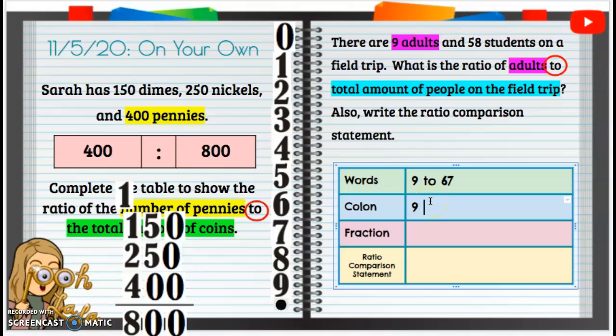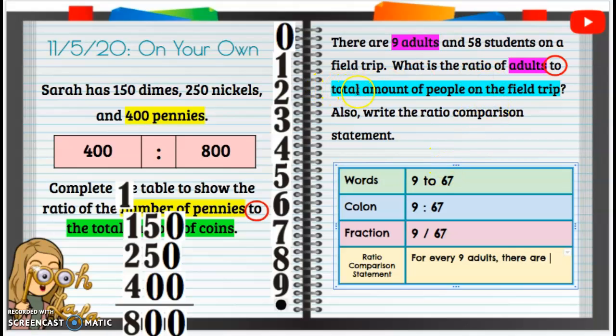Colon, 9, colon, 67. Then that fraction, 9 over 67. Ratio comparison statement. For every blank, there are blank. For every 9, so our first thing we wrote was 9. For every 9 what? 9 adults. For every 9 adults, there are how many?